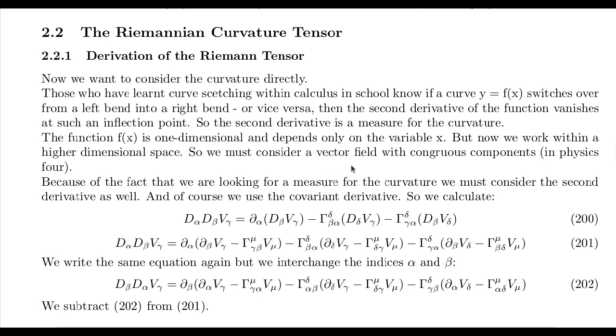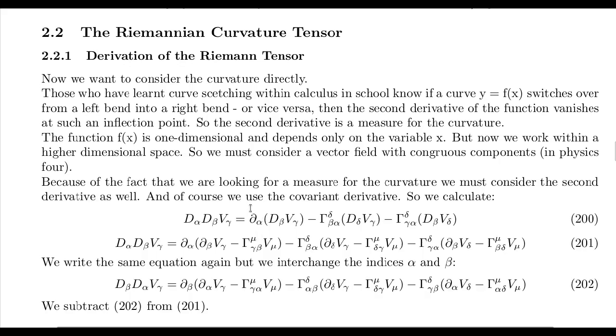We consider a vector field V, and then we use, of course, the covariant derivative. So we write down here the second derivative of the vector field V. In 200 we carry out the first covariant derivative d alpha.